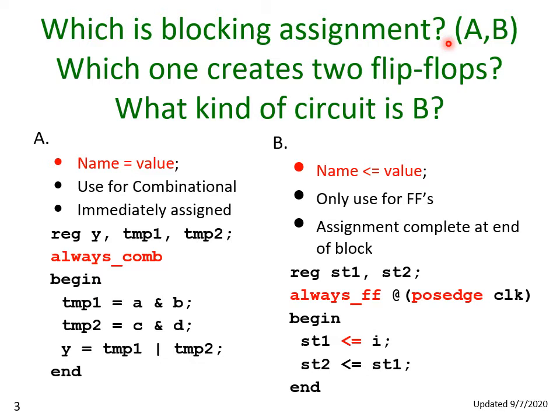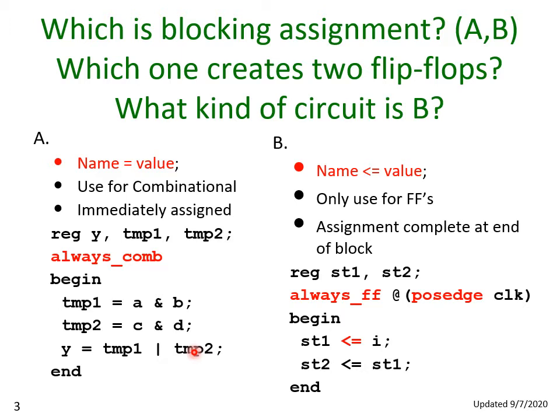Blocking assignment is the type of assignment that appears in a procedural block, and it has just a simple equal sign for the assignment. What it does is assign a value to a variable, and that value is available immediately for use by statements further down inside that always block.